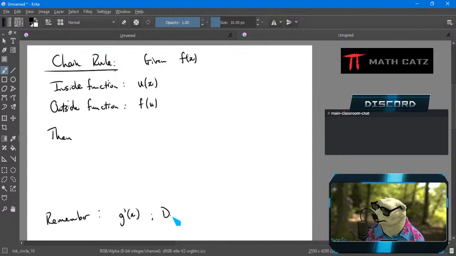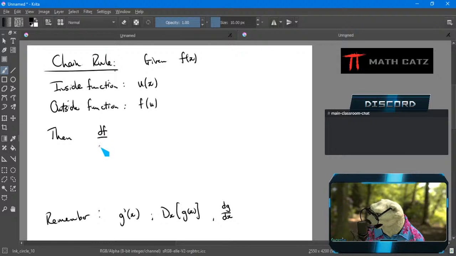We have the big D notation. And we also have the little d notation. They're all the same thing. In the case of the chain rule, the little d notation is going to help me remember this and set it up correctly.